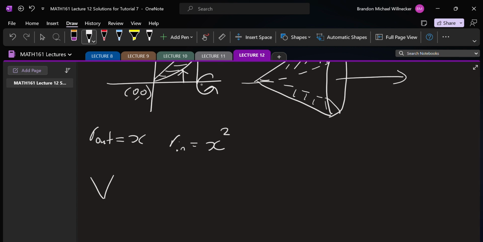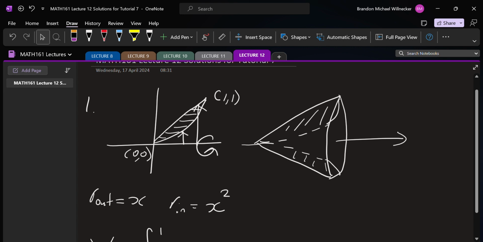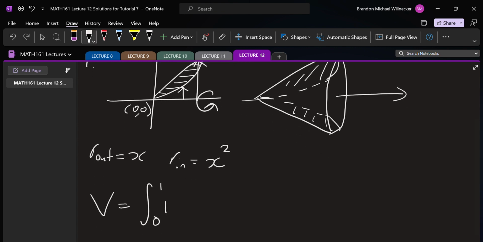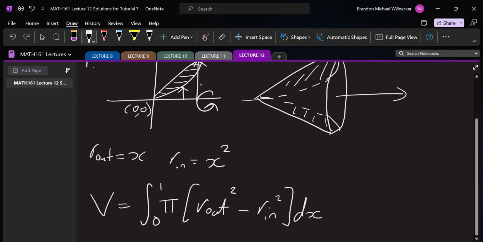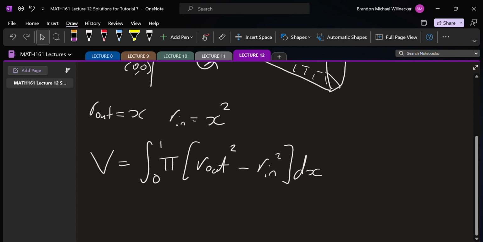So the volume V is going to be the integral from 0 to 1. That's our x bounds between the intersection points. We've got the pi, then it's going to be R out squared minus R in squared. If you swap those by accident, you're going to end up with a minus sign for your volume.